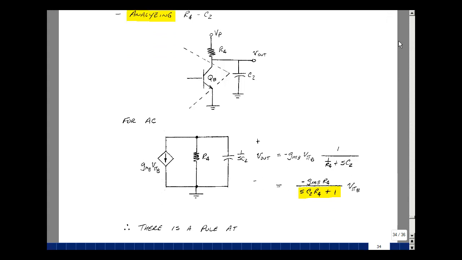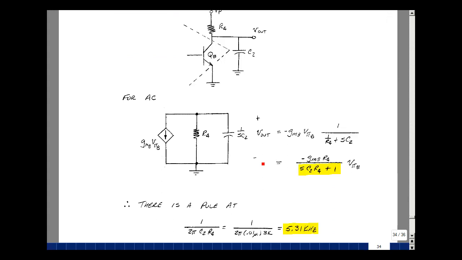Okay, well, what is that doing? Well, there's a voltage here. It's going to be equal to the current in this direction times the impedance that's here. So it's going to be gm8, say, Vπ8. Let me write this parallel combination as the sum of two admittances and then take the reciprocal to get the impedance. So sC2 and then 1 over R4. Now multiply numerator and denominator by R4 and we get this term here, and then we're divided by sC2R4 plus 1.